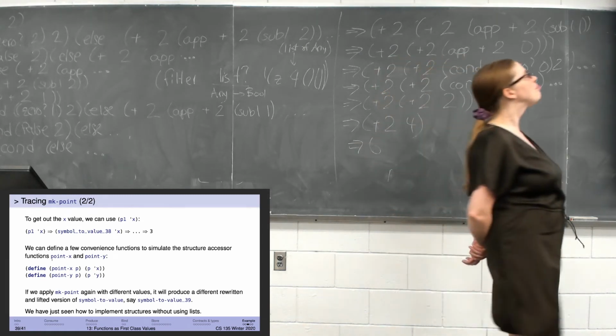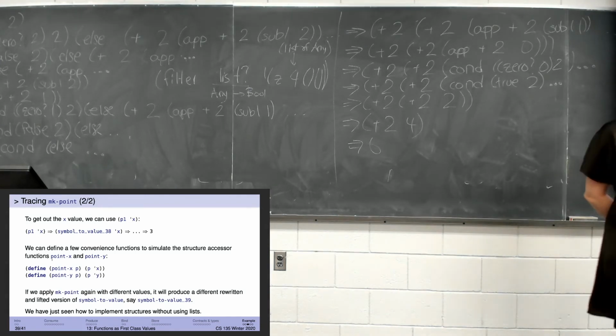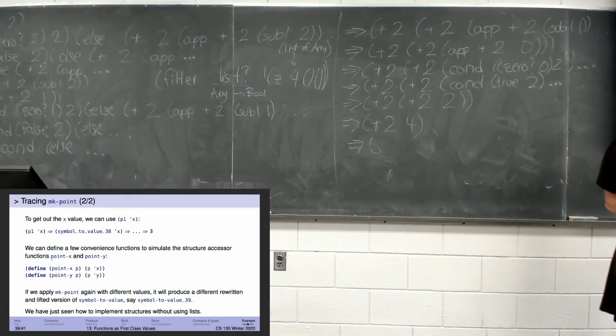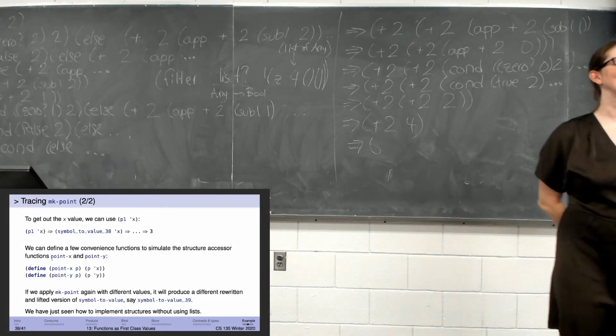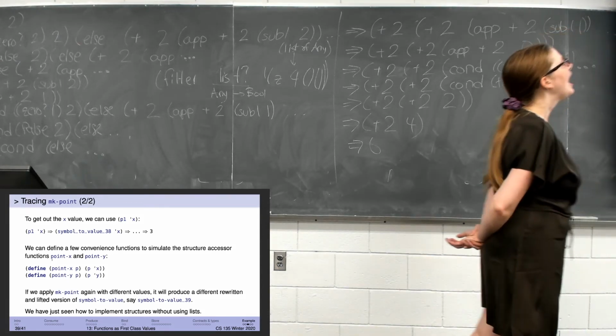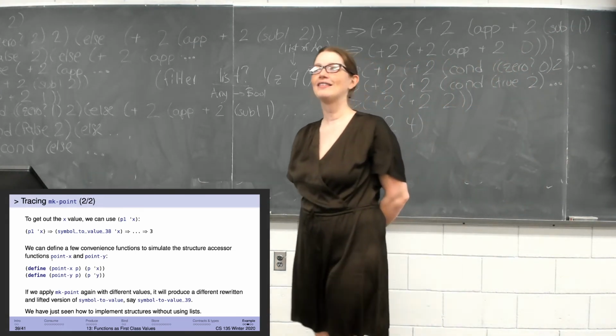And if I apply that structure, because it's a function that consumes a symbol, if I pass it the symbol x, it gives me 3. It's the selectors. And if I pass it the symbol y, it gives me 4.